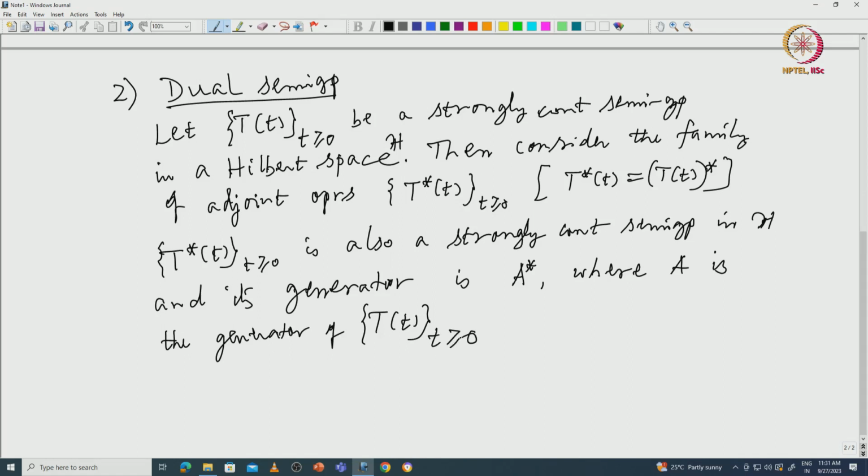Okay. So, in other words, in a Hilbert space, if we have a strongly continuous semigroup T(t), then the family of adjoint operators also forms a strongly continuous semigroup, and its generator is nothing but the adjoint of the generator of the semigroup we started. Okay. Of course, this is not an easy proposition. One has to do some work, and the only advantage here is that T star(t) is also defined on H. Okay.